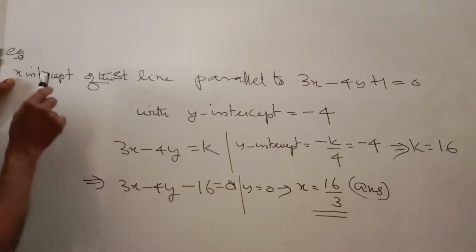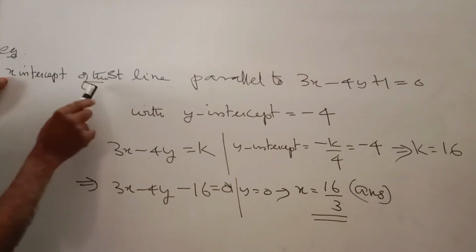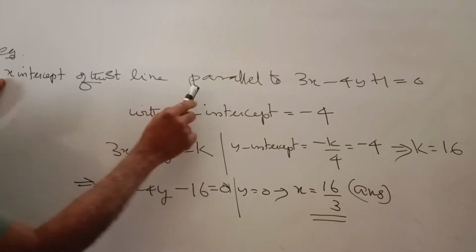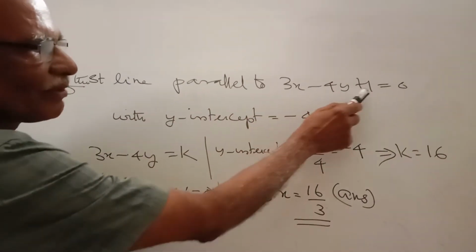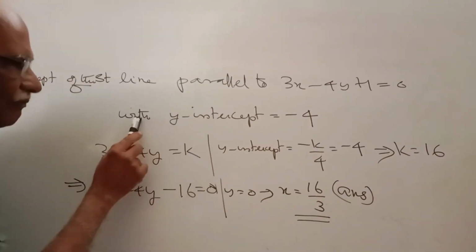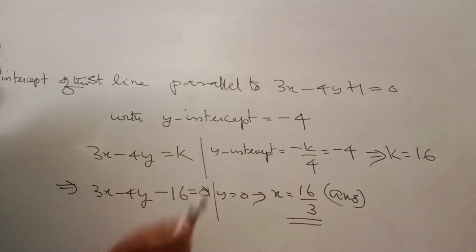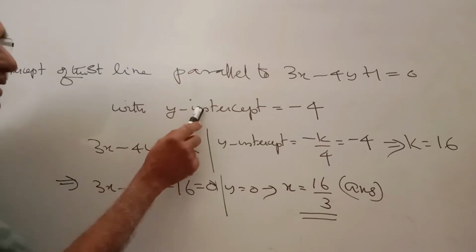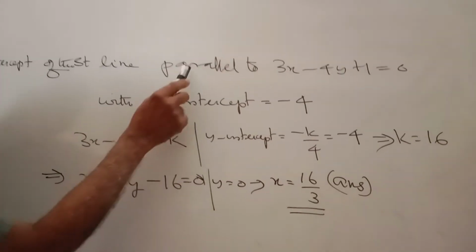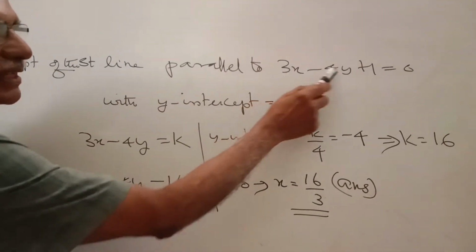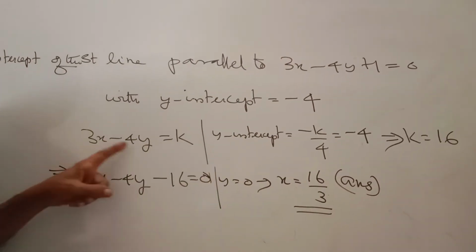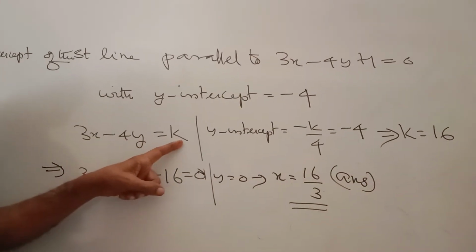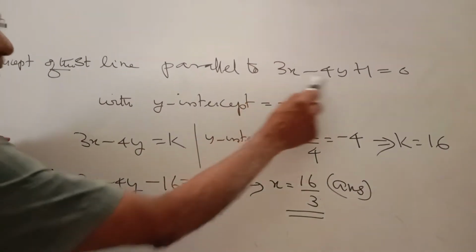We consider an example. Find the x-intercept of the straight line parallel to 3x minus 4y plus 1 equal to 0 with y-intercept minus 4. So we require a parallel line with y-intercept minus 4. Parallel means there is no change in x and y. So 3x minus 4y equals k. There is no change here.